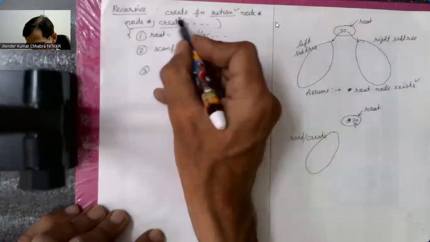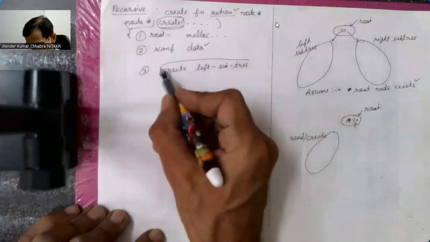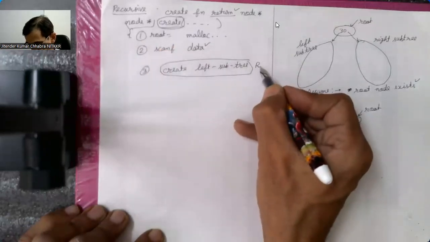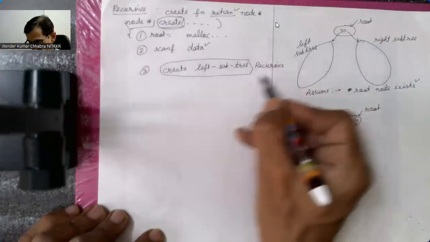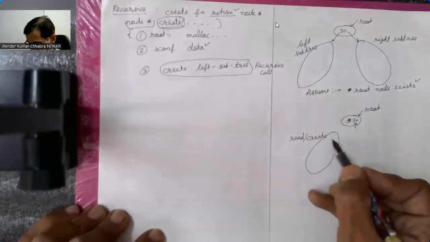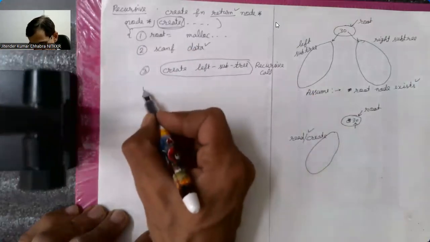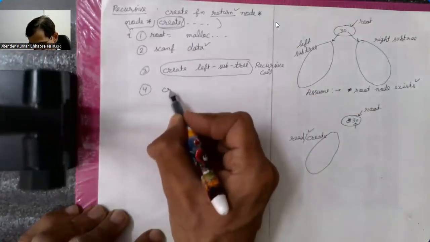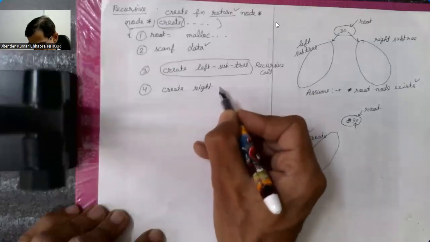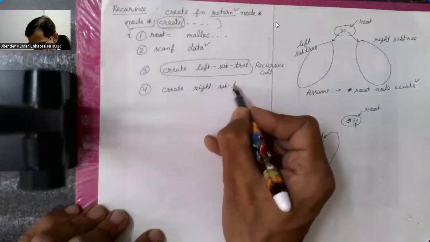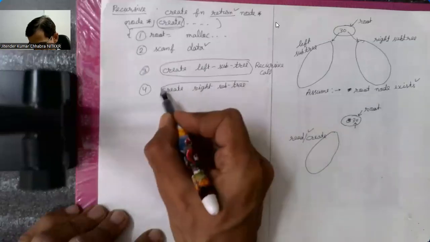Now, create tree is being used and the same function being used to call it for the left side is becoming recursive call. But I assume somehow this will work. Similarly, I will say create right subtree. That's again a recursive call.